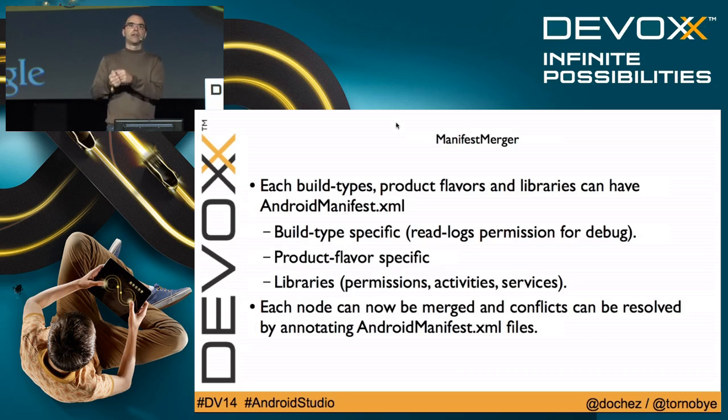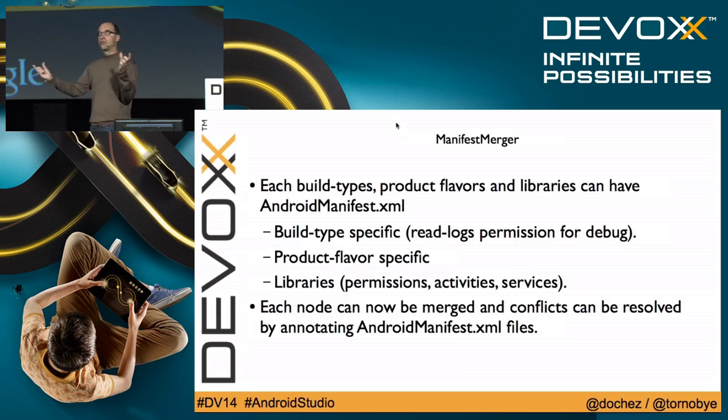And like I alluded, you can have libraries. Libraries can declare activities, permissions themselves, of course, stuff like that. So all of that should reside within the library itself, inside the same jar file. And so when you import it, it's going to try to merge all of this together. The way it does that is by looking at each node of the Android manifest. And of course, some nodes have keys.